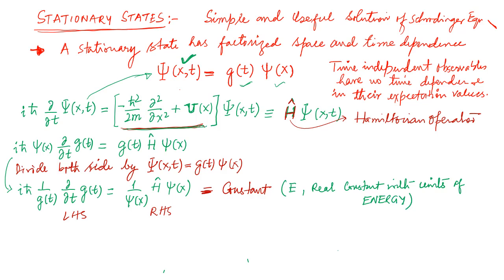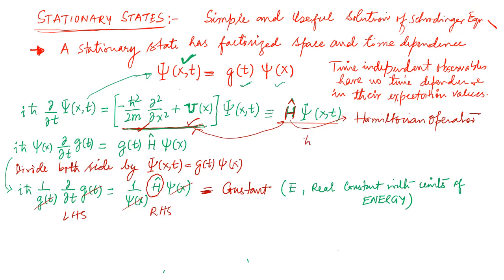Because psi x with psi x will cancel out, and H is a Hamiltonian operator which has a unit of energy, because this is kinetic energy and this is potential energy. So H has a unit of energy. Similarly here, G will cancel out, and what I have is H cross by time.